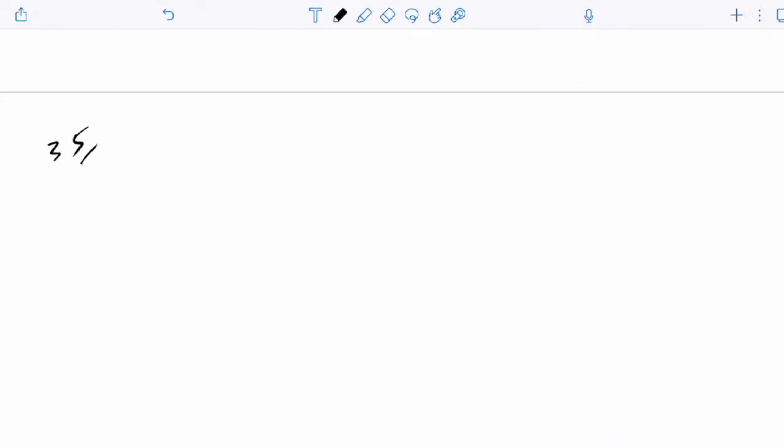Okay, for 35, it's the same sort of thing. You've got e to the x plus e to the negative x over e to the x minus e to the negative x is equal to t.